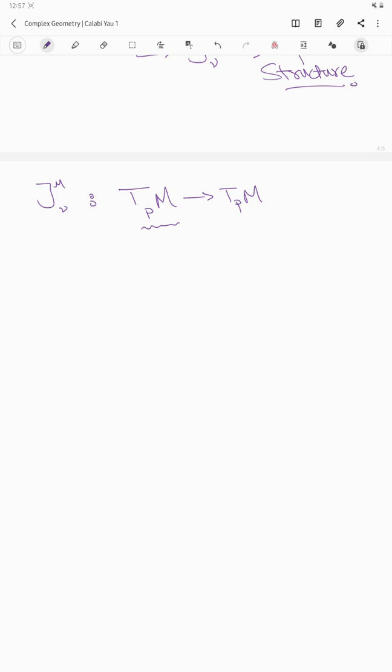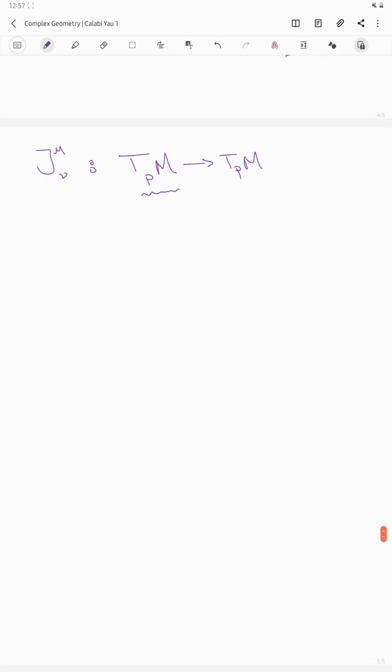Now, what that means is that it is going to act on a vector and it will return a vector, right? Okay, so at this point though, this T_P M is your real vector space at any point P.